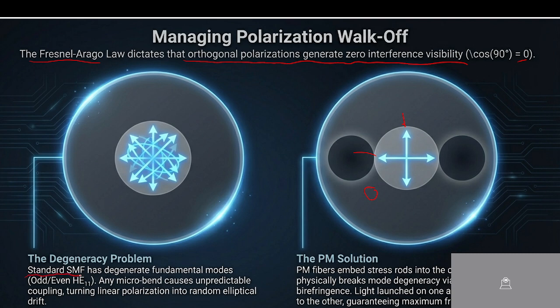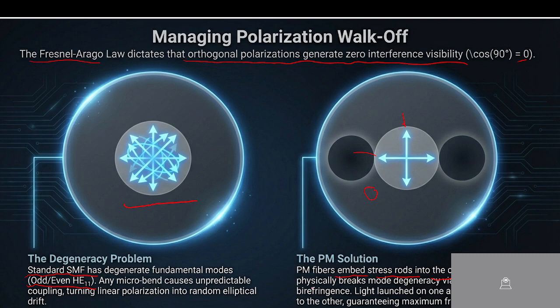Standard SMF has a degenerate fundamental mode, odd and even, which are almost equal. Any microbend causes unpredicted coupling, turning linear polarization into random elliptical drift. You can see here how the elliptical drift is happening. But if you are using PM fiber, it has embedded stress rods in the cladding.